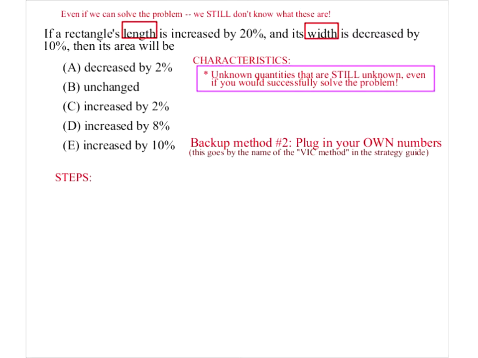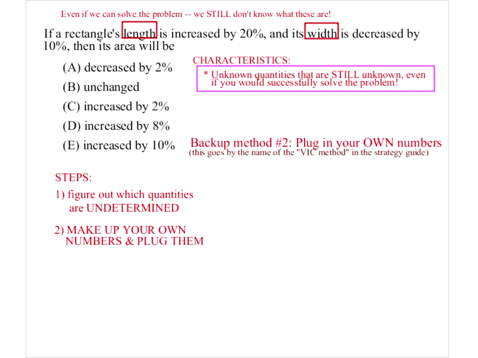First thing you do is you figure out which quantities are undetermined. Then you just make up your own numbers and plug them in. Then you solve the problem.